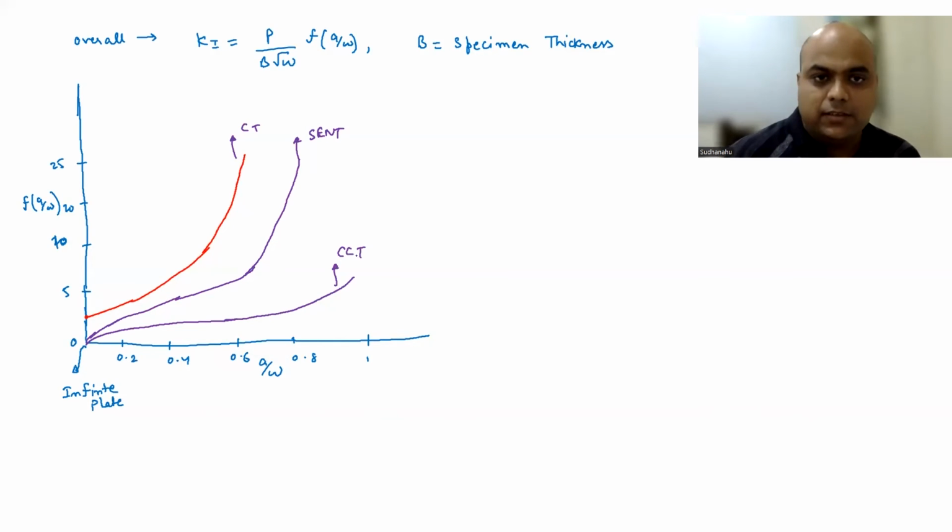Again, rough sketch, not up to the scale, but just for understanding, I have drawn it here. Okay, so now we know the expression for compact tension, SENT and CCT. Now let's talk about SENT a bit.